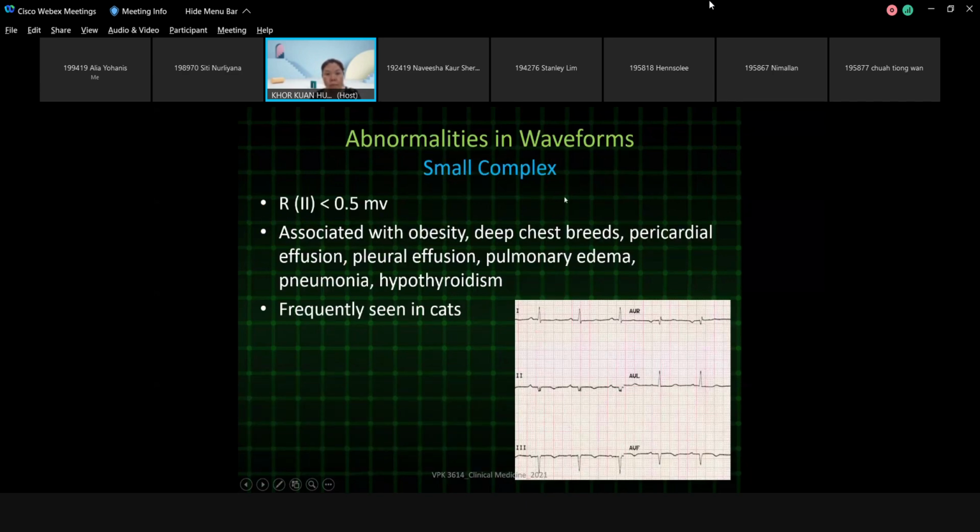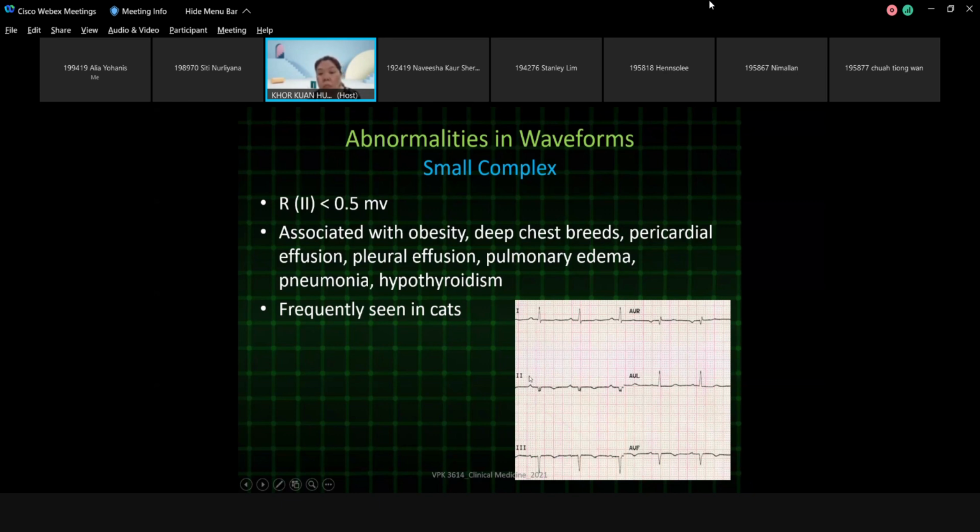Small complexes, everything looks small when you look at lead 2. The R wave, why does it go downward? But anyway, they look isoelectric, so they tend to look very small. But again, this is very common, especially in obese dogs or cats, deep-chested breeds, or maybe they actually had pericardial effusion, pleural effusion, pulmonary edema, pneumonia, or hypothyroidism.